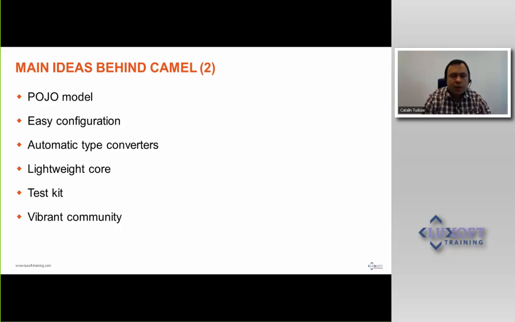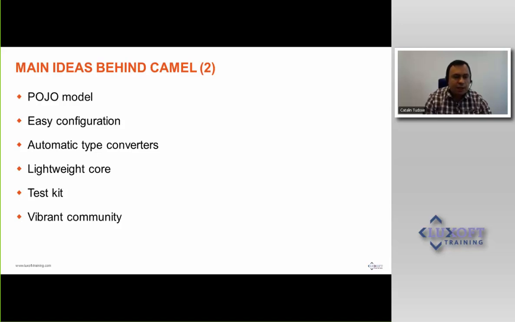It has some automatic type converters, meaning that you can convert from one format to another automatically, or if some format doesn't have a type converter that is already defined, you can define your own type converter. It has a lightweight core, meaning that if you download it, the latest version will be less than 2 megabytes in order to be installed.